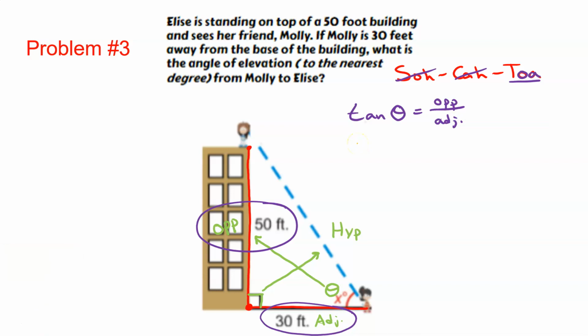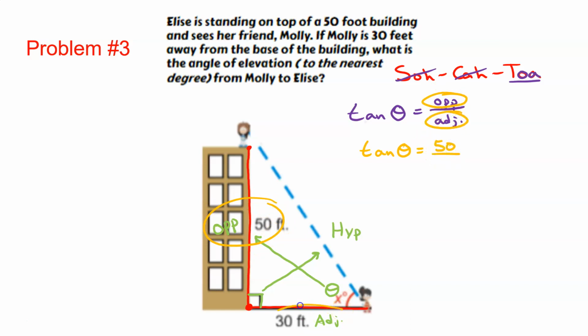We're going to write tangent of, and normally I would replace theta, but that's what I'm trying to find. I'm trying to find that angle. Is it 52 degrees? Is it 45 degrees? What is that angle? So we're going to leave it as theta. It's equal to the opposite side, which we labeled as 50, over the adjacent side, which is down here, that was 30 feet.